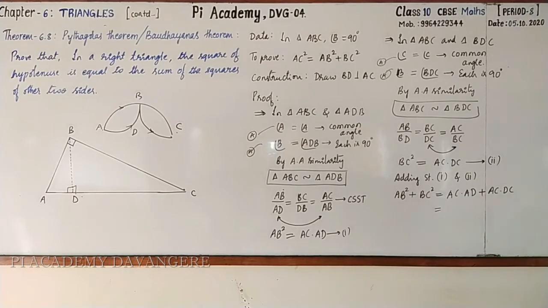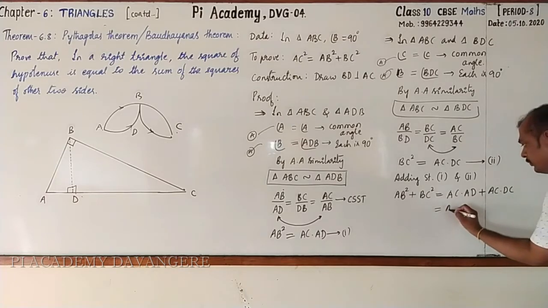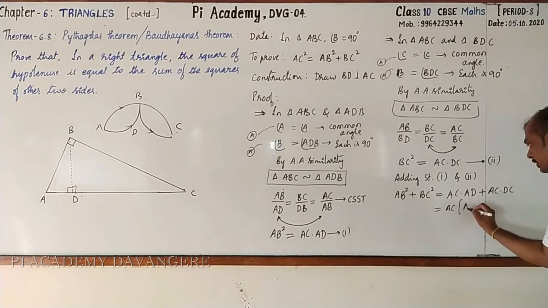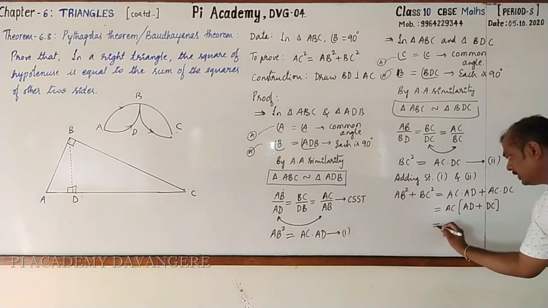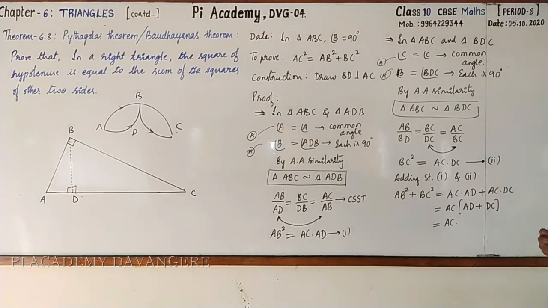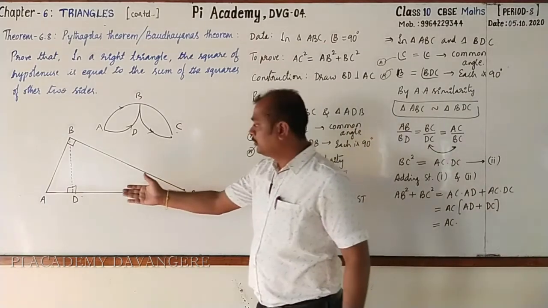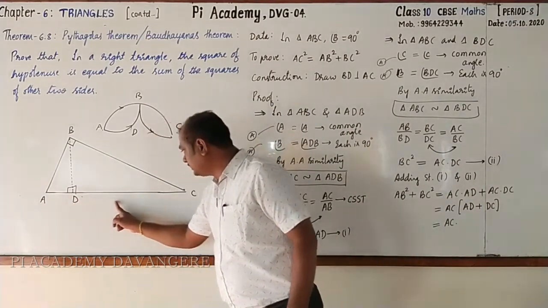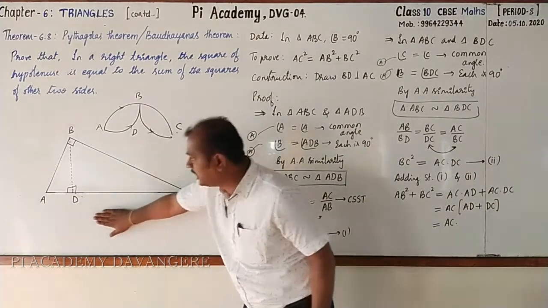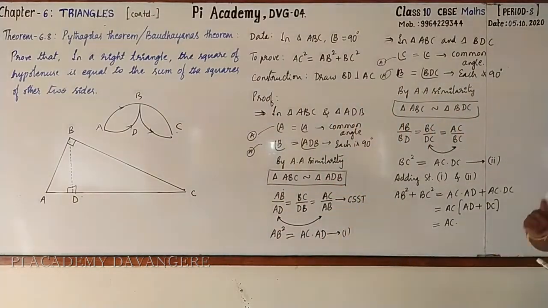This is equal to, look here, in the RHS side, you can come to know that AC is common, right? So when you take AC as common, you will get AD plus DC. This is equal to AC into, what is AD plus DC? Observe the figure, AD plus DC, these two together make AC, right?